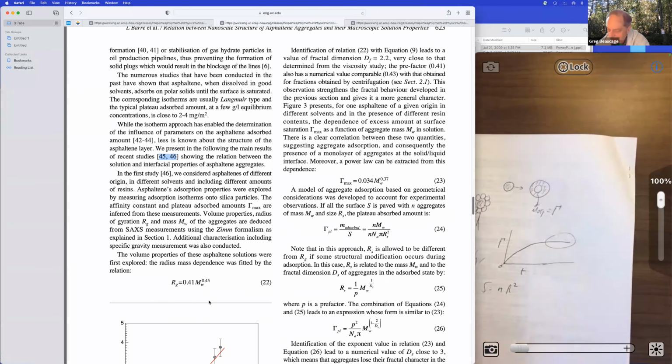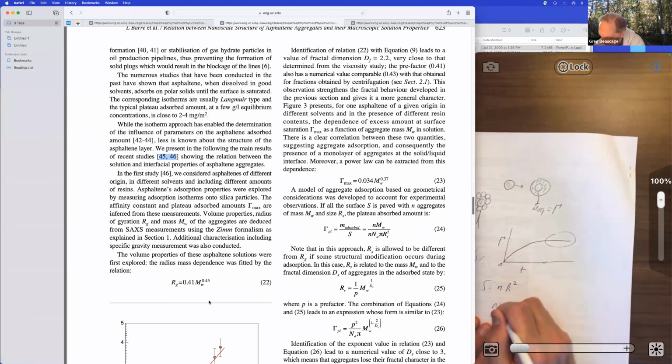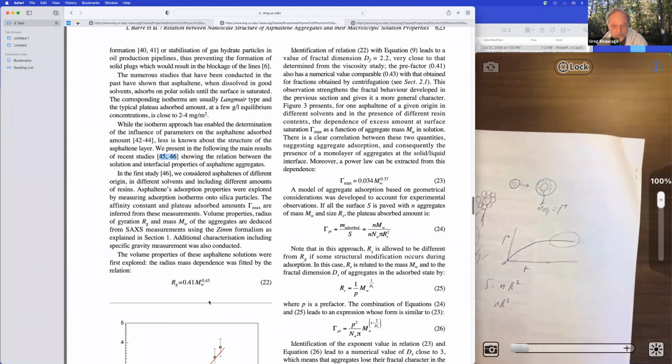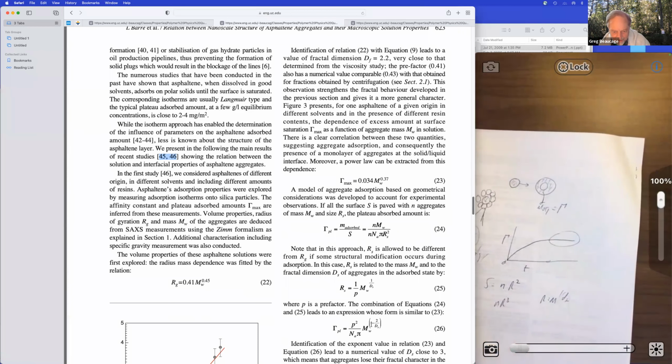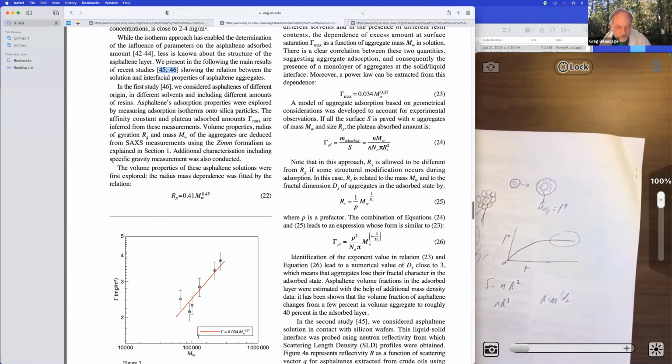And the mass on that is the number times the radius cubed, like the volume, times the density. And then you're going to end up with something like this equation, like the molecular weight over the surface area. Number times the area squared gives you the surface area. Number times the mass gives you the mass. And R is the mass to the 1 by df. So if you plug that in, you'll get this equation. Right, so that's kind of a monolayer equation. And he gets pretty much that behavior from it.